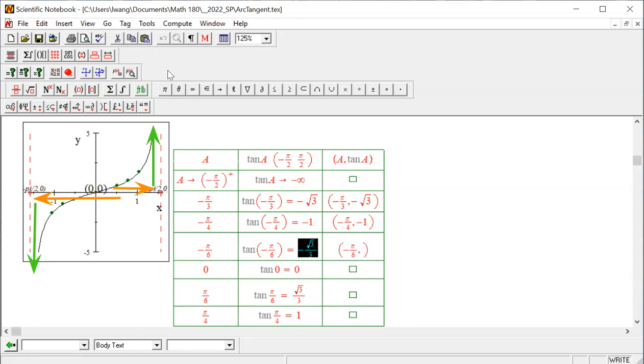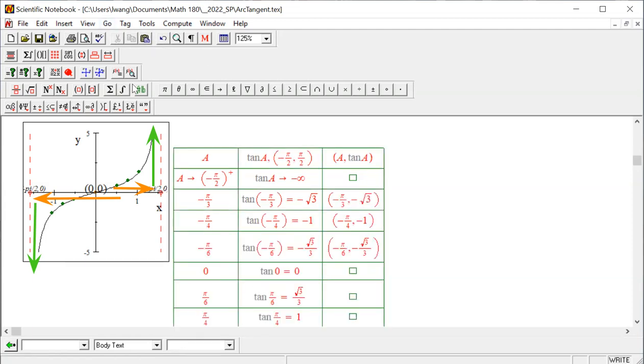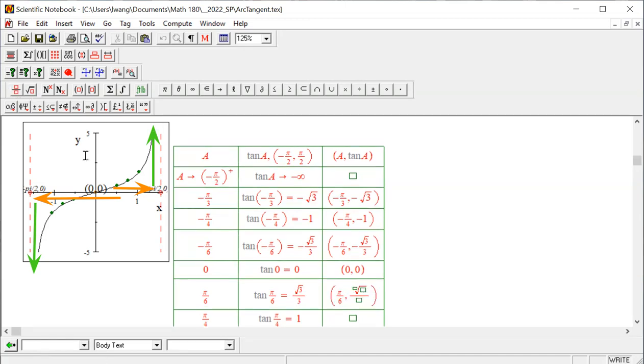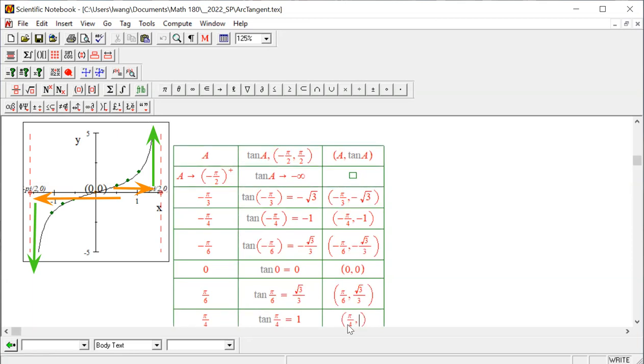Output, negative root 3 over 3. And over here, it's 0, 0. Input, pi over 6. I know you probably guess it right. Feel free just to move forward to see if you guessed it right. So this is pi over 4 as the input, and the output is 1.